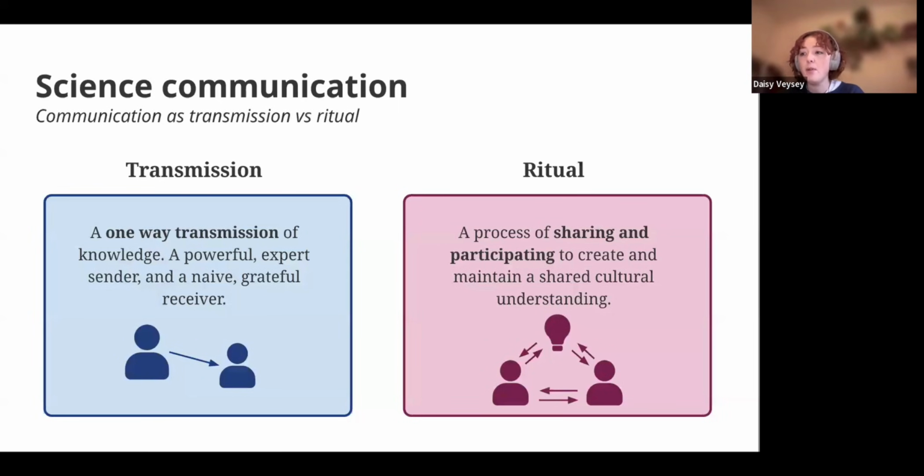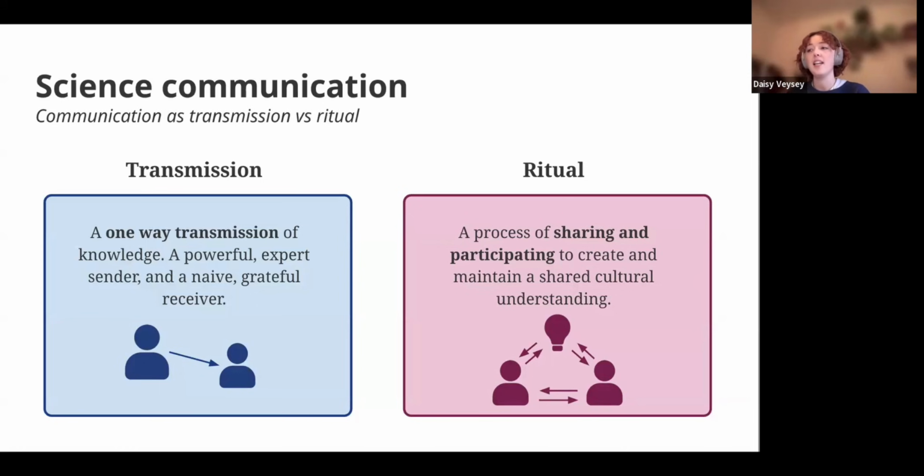It acknowledges that people already have experiences, values, and worldviews that shape how they interpret information, and that they themselves have valuable contributions to science and to the process of knowledge making and learning. We want people to participate in a conversation that builds a common frame of reference. And that can be crucial in science outreach because most of the time we're trying to help people connect new ideas to the world that they already know when we're informing them.